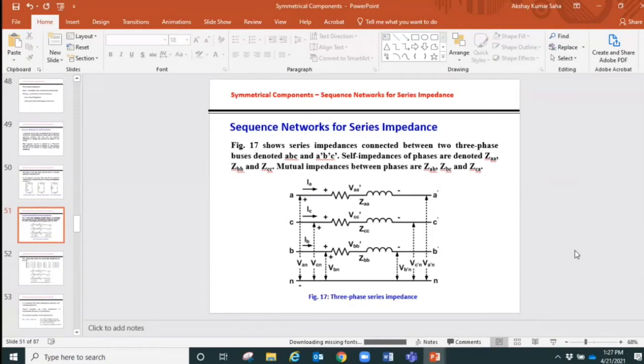So let's go to the first one, which is the sequence network for series impedance. And in most of the cases, we get series impedance in our line, because even if we imagine that we have a simple three-phase generator, and we're connecting a three-phase load across it. Let's say that load is a static load.